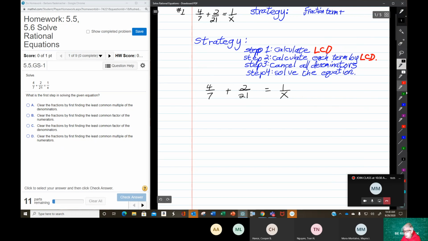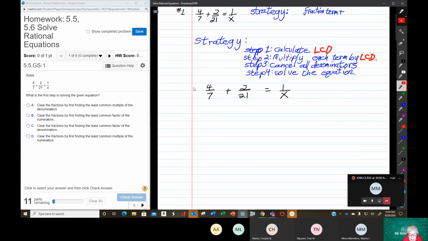Okay? Now, I'm going to calculate an LCD. Step 2, multiply each term by the LCD that you've just calculated. Well, we are going to do that, but let's say I already have an LCD and I call it LCD.